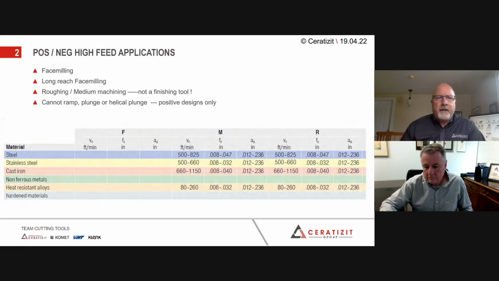So you're really talking about medium machining and roughing. Finally, you do have some restrictions on the materials you can machine. Typically, you don't see these cutter systems being applied to non-ferrous materials or hardened materials. So you have to take a look at what operations are required to machine your part because there are some restrictions that you will have to consider.